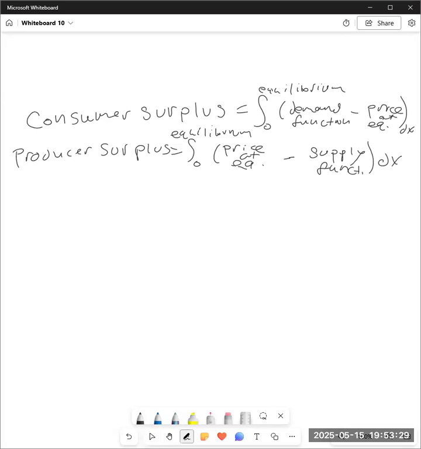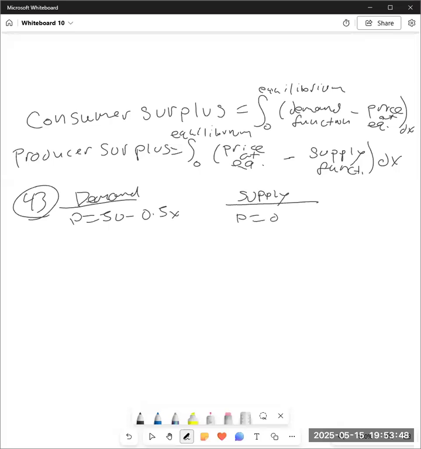So number 43 says that the demand function is P equals 50 minus 0.5x, and the supply function is P equals 0.125x.